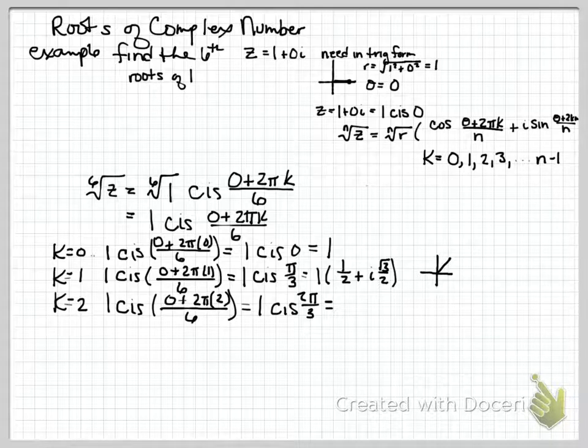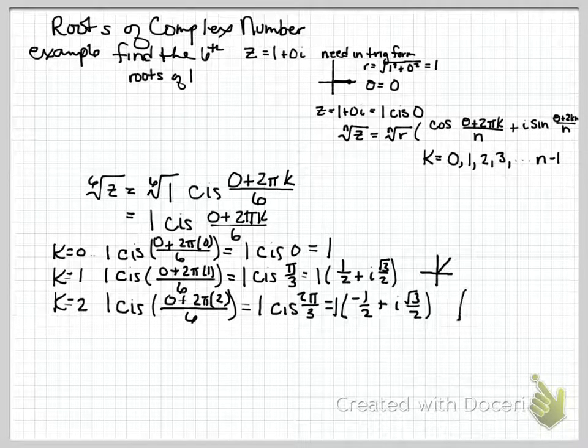The cosine of 2 pi over 3 is negative 1/2. The sine of 2 pi over 3 is positive root 3 over 2, with the 1 on the outside. And this one will be up here in the second quadrant. Okay, let's do when k is equal to 3.